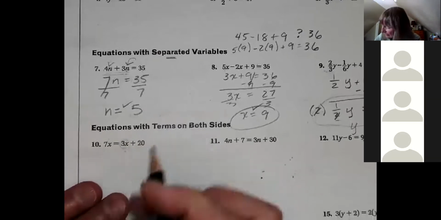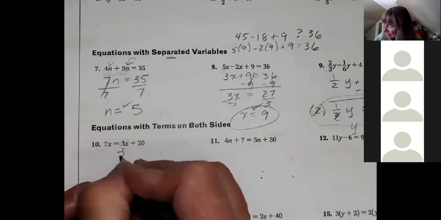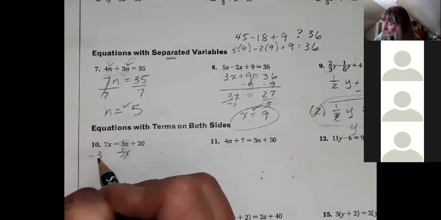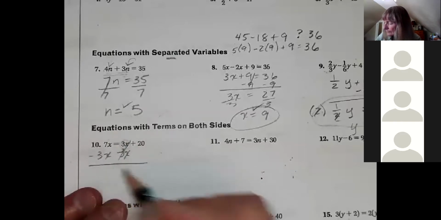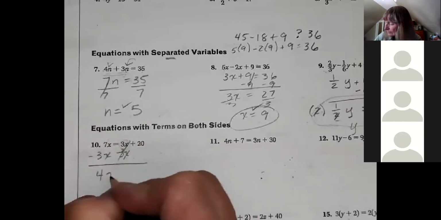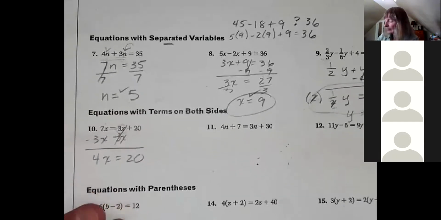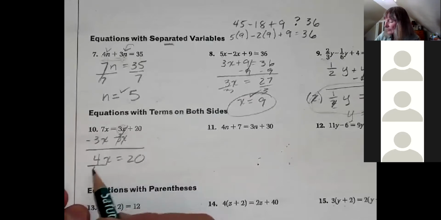To get rid of it, I'm going to have to subtract it from both sides. And then, of course, divide by 4.